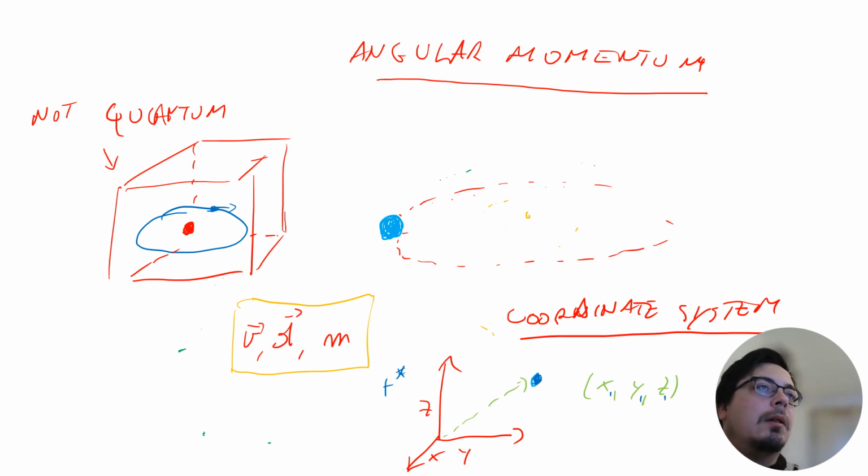No, the sun is gone. We have this reference frame. We have R. This is the number R. And then we have the angle theta. And then we have the angle phi.